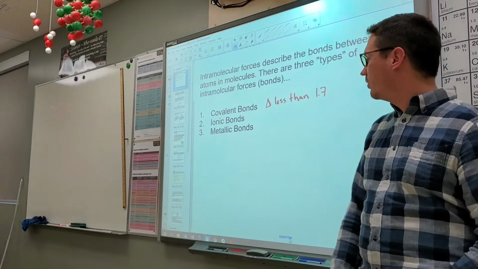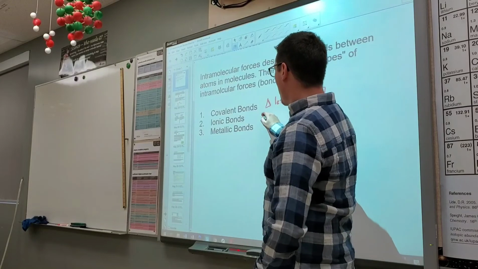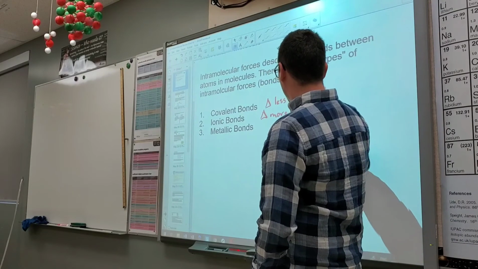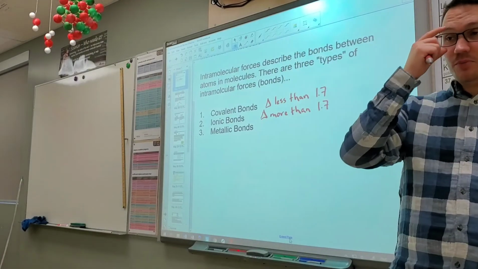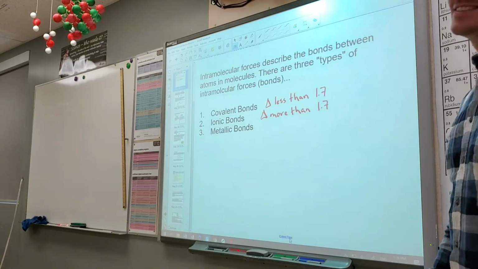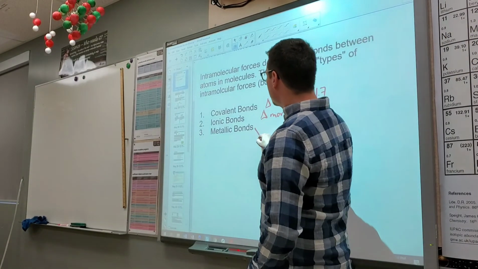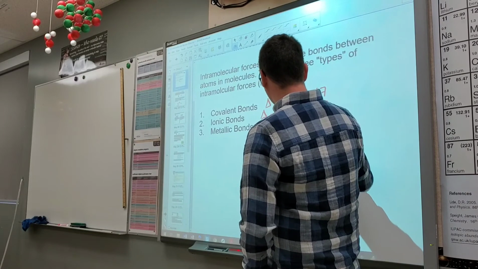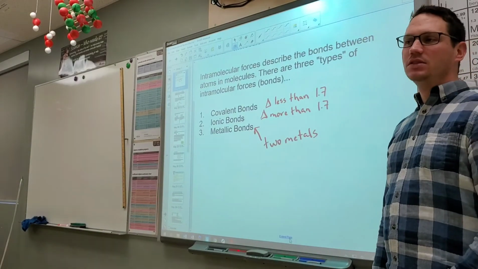That's what we just talked about. Ionic bonds, well, what do you think that's going to be? More. And if it's exactly 1.7, then it kind of goes either way. It's pretty ambiguous in that case. And then that's metallic bonds, and that's two metals bonded together. We'll talk about that.